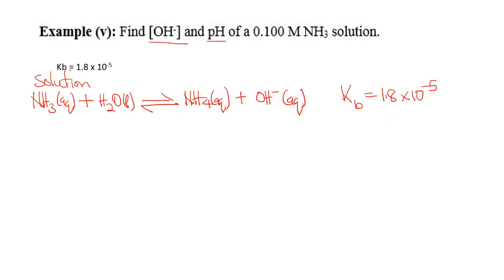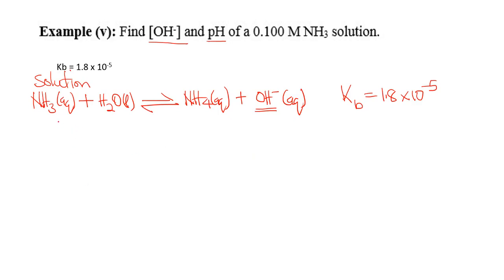In a reaction like this one, to calculate the pH, you first need to determine the OH minus concentration. Once you know the OH, you can easily calculate the pH. Now, how do we go about it?